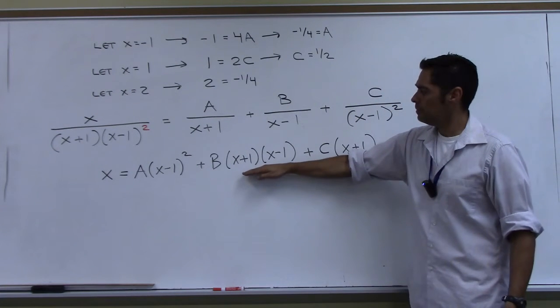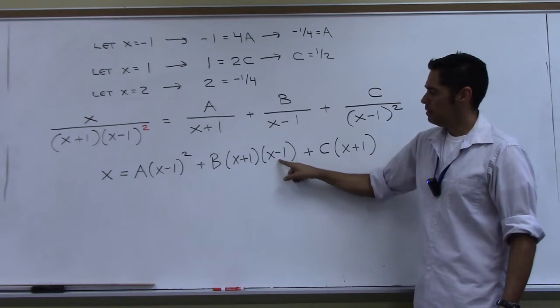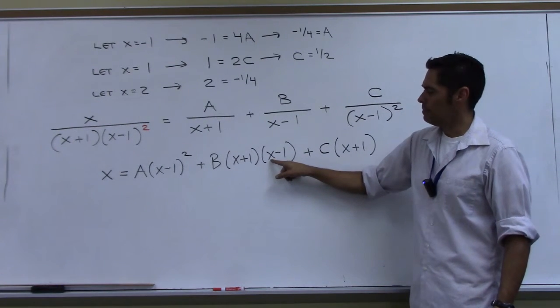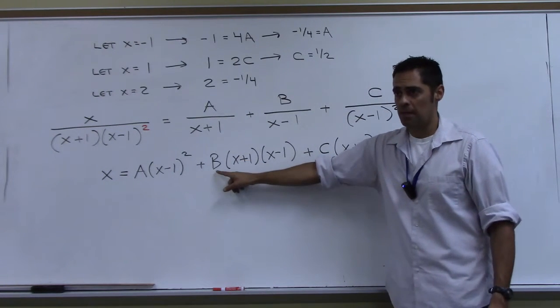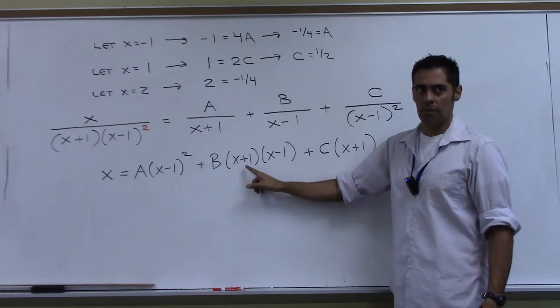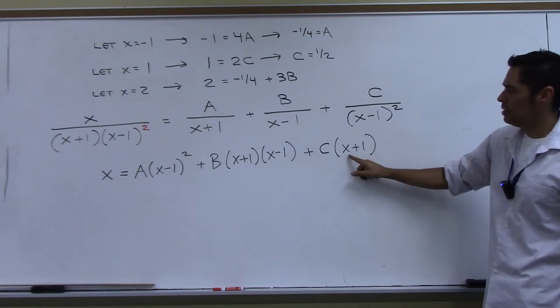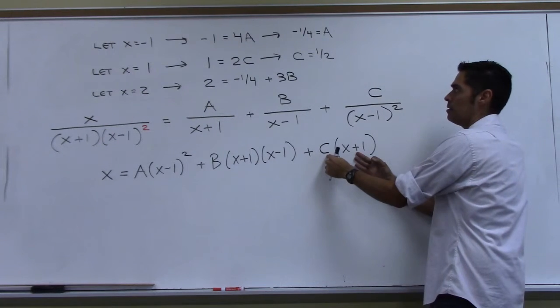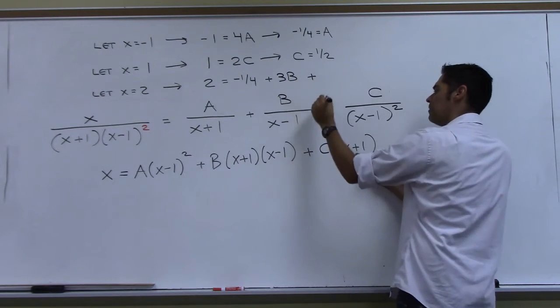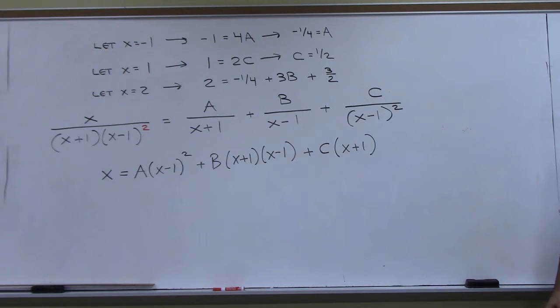OK, we plug 2 in here. We get what? 3. So careful. 3 times 1, that's 3. Times b? Yes? 3b? All right, so plus 3b. And then plug in 2 into this, and you get 2 plus 1 is 3. But what was c? This was half, so we get plus half times 3, so 3 halves. And we should be able to get b from that, right?